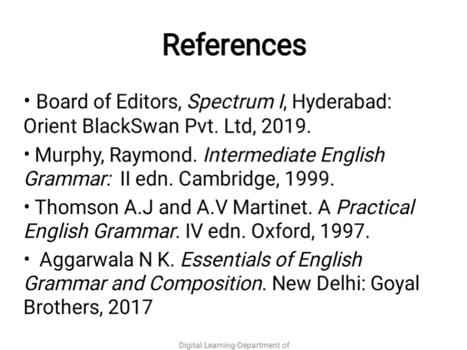The three grammar books used are Intermediate English Grammar, second edition by Raymond Murphy, published by Cambridge in the year 1999, and Practical English Grammar, fourth edition by Thomson A.J. and A.V. Martinet, published by Oxford Publications in the year 1997, and the book titled Essentials of English Grammar and Composition by Agarwala N.K., published at New Delhi by Goyal Brothers in the year 2017.